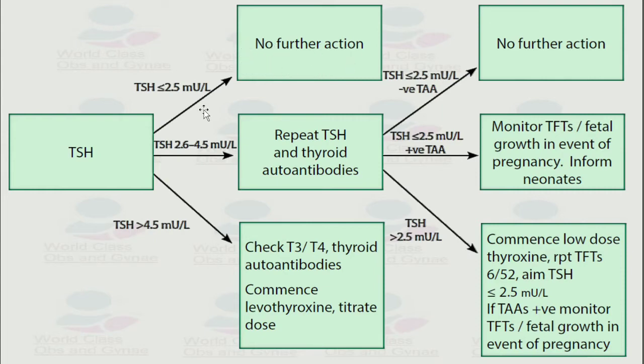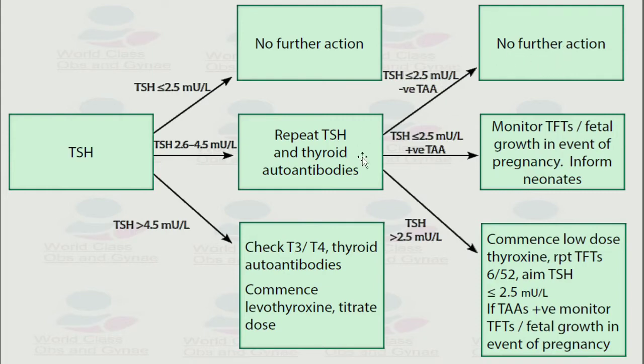But if TSH is between 2.6 and 4.5 milliunit per liter, we have to repeat TSH and thyroid autoantibodies. When we repeat it and find that TSH is less than or equal to 2.5 milliunit per liter or thyroid autoantibodies are negative, then we don't have to take any action.